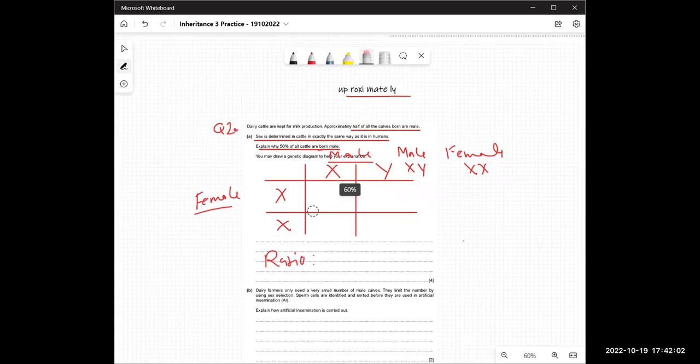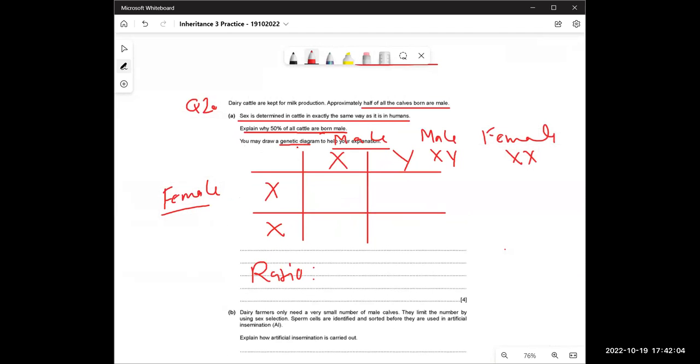I've made the diagram for you. This is called a genetic diagram. Now, all you have to do is, since you need parents, first the parent is female, the other is male. Now, Diana, tell me the products. XX, XY, XX, and XY.